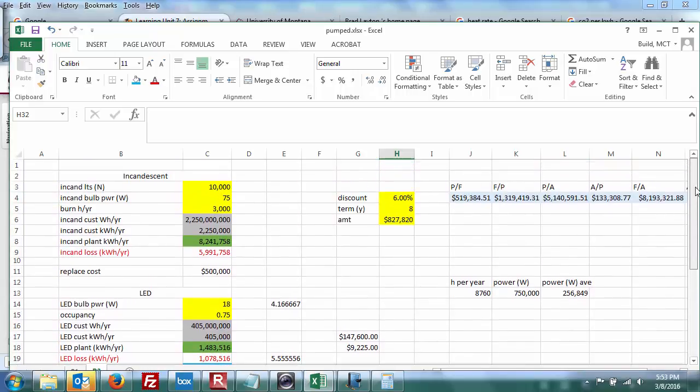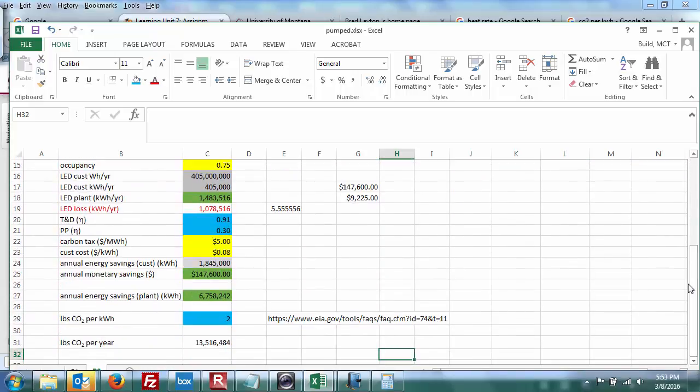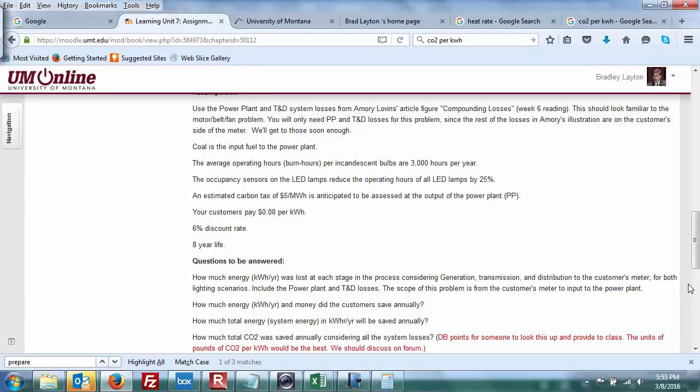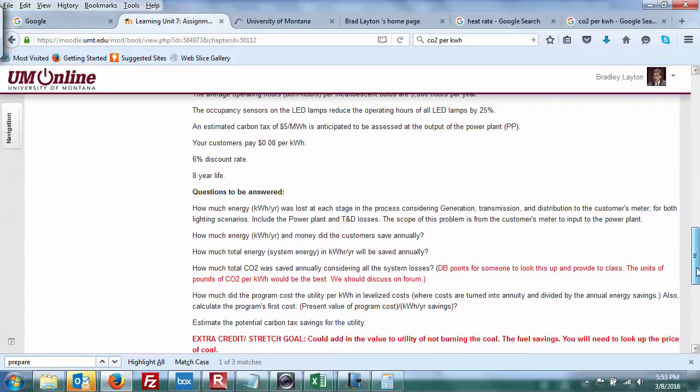All right. Now, what's the next problem? Especially giving it away, $8, man. What the heck? It kills me. Okay, how much did the program cost the utility per kilowatt hour in levelized costs, where the costs are turned into annuity and divided by the annual savings?